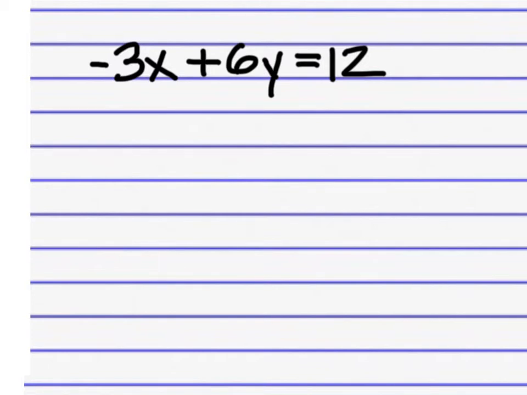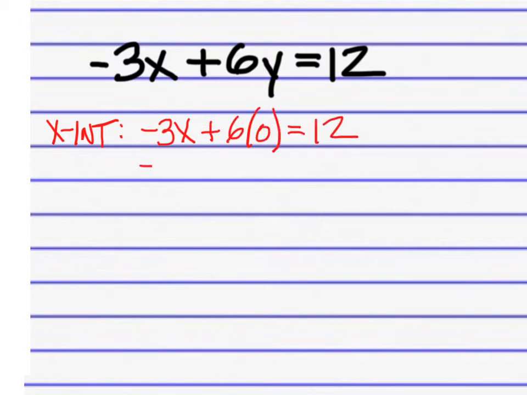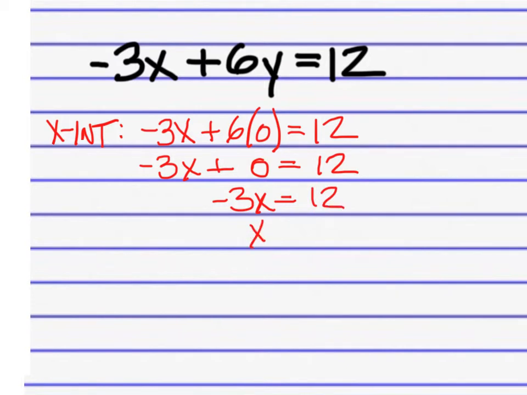We want to find the x-intercept first. So to find the x-intercept, we need to plug a 0 in for y. 6 times 0 is 0. And negative 3x plus 0 is just negative 3x. Divide the 12 by negative 3 and come up with an x value of negative 4.